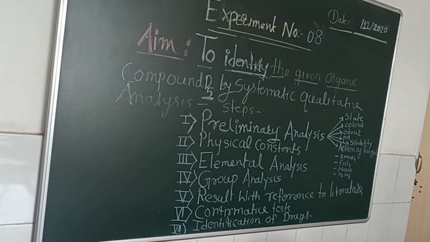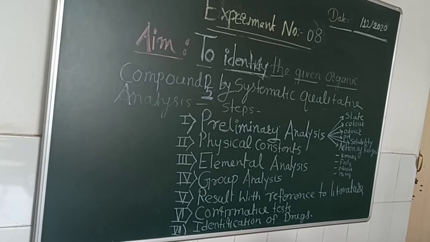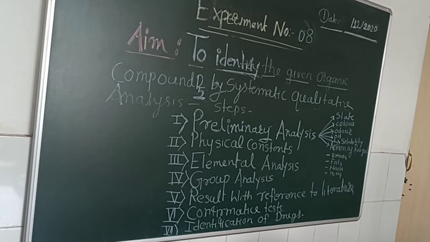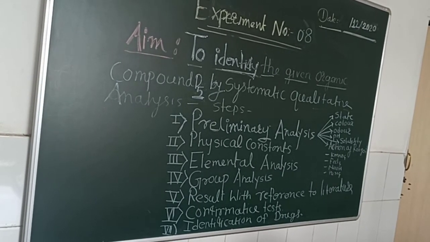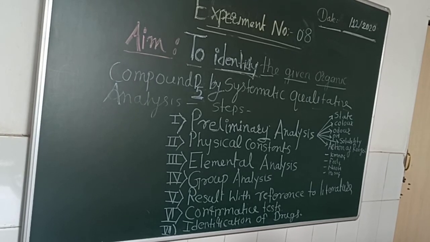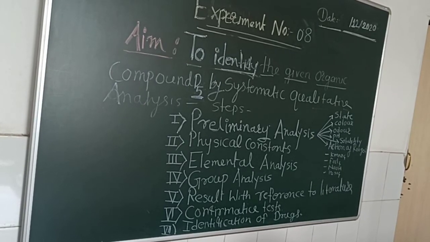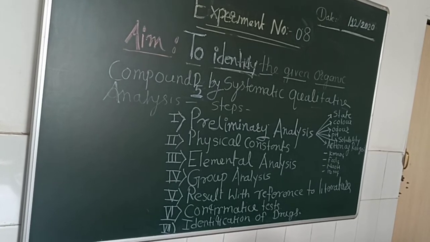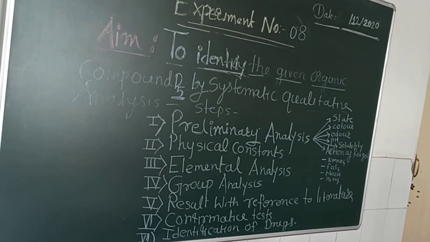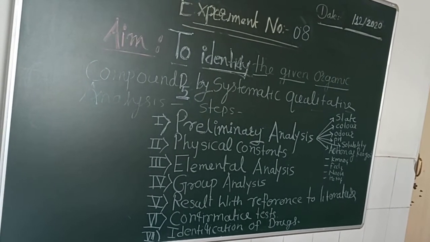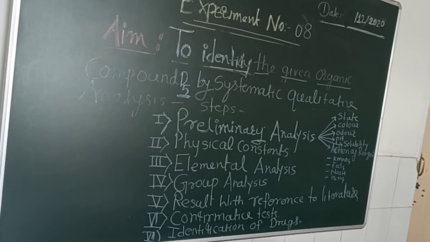After elemental analysis, we conclude that our D5 compound contains nitrogen, sulfur is absent and halogens are absent. Now the next step is the determination of functional group, that is group analysis.